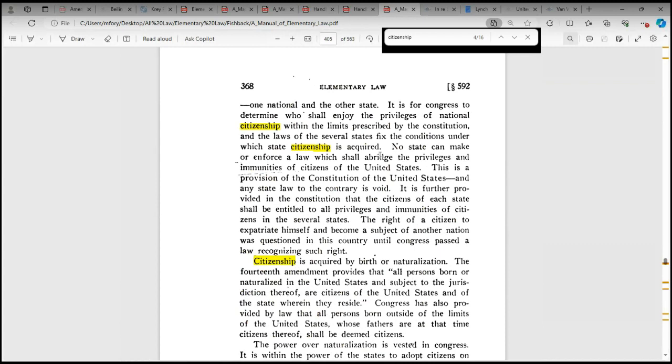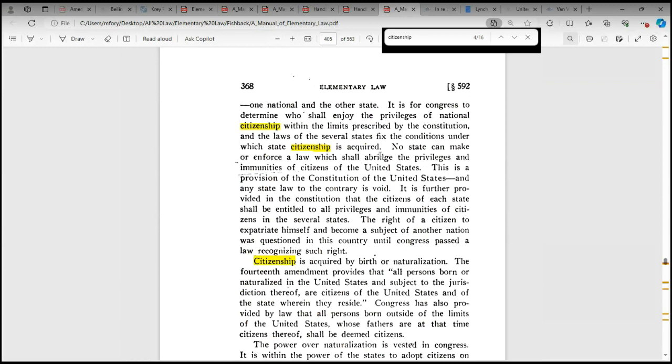No state can make or enforce a law which shall abridge the privileges and immunities of the citizens of the United States, which is federal citizenship. This is a provision of the Constitution of the United States, and any state law to the contrary is void.